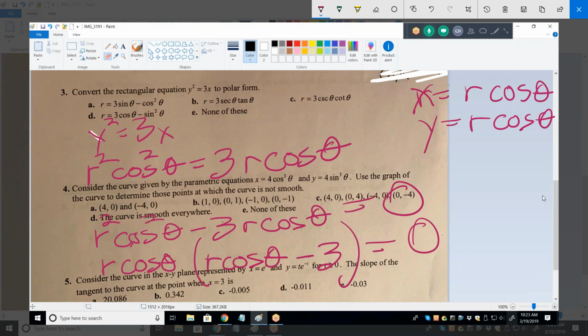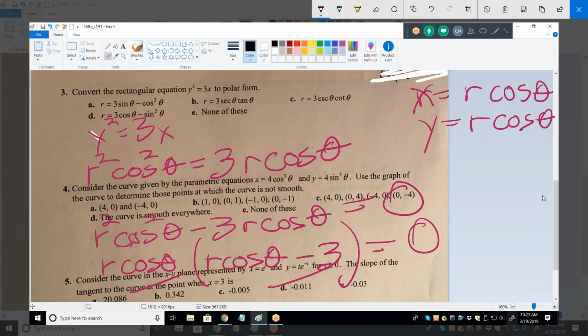Right. Which means either that's 0 or that's 0. So I got that. Oh, I know what happened on this.